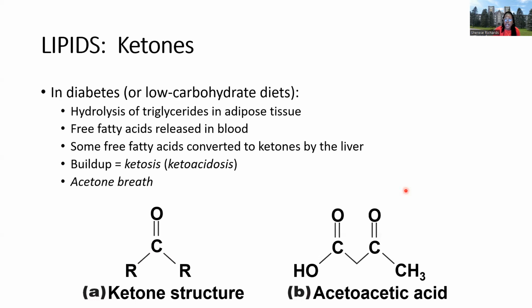Now, if we hydrolyze triglycerides, basically if we break down our fats, we're going to release these fatty acids. In the blood, they can be transported to the liver, and in the liver, they can be converted into ketones. So ketones are really made as a backup source of energy, where fatty acids are broken down to make ketones, and they can be used to liberate energy.